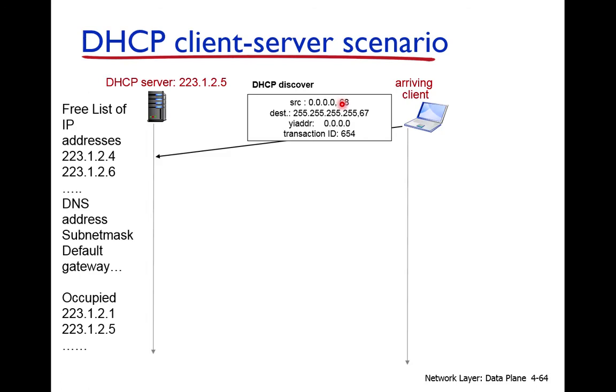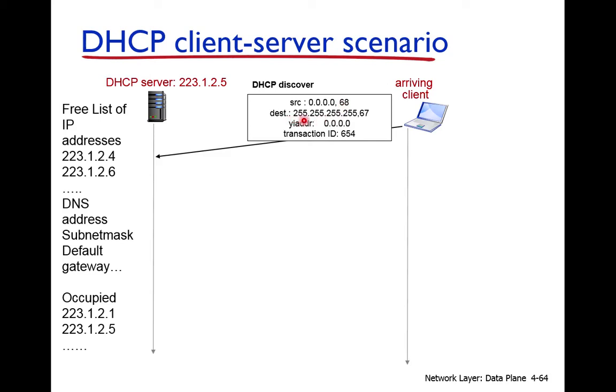The DHCP client always starts on port number 68. We have already discussed in chapter 1 that ports up to 1024 are standard. Why? Because they are assigned to predefined protocols.